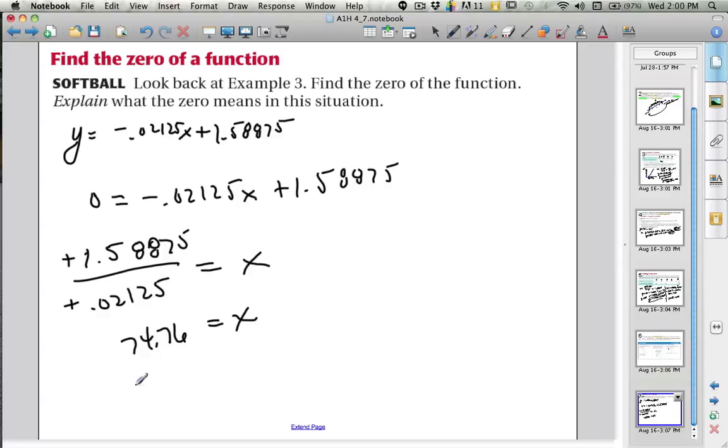And this is the years since 1990. 74.76, so we're talking about 0.76, so three-quarters of the way through the year 2064. If the trend continues as it has, no one will be playing softball anymore.